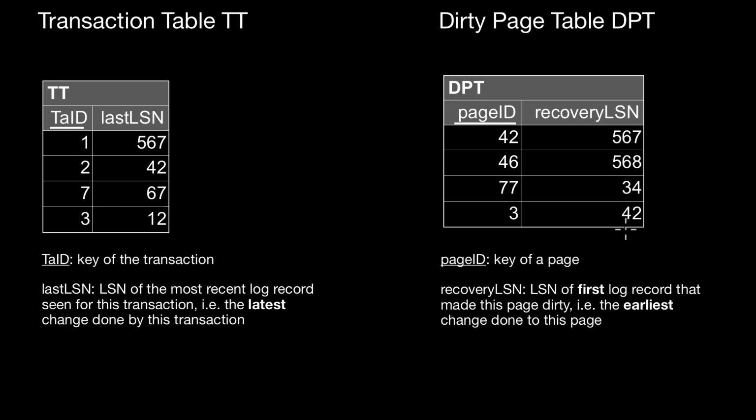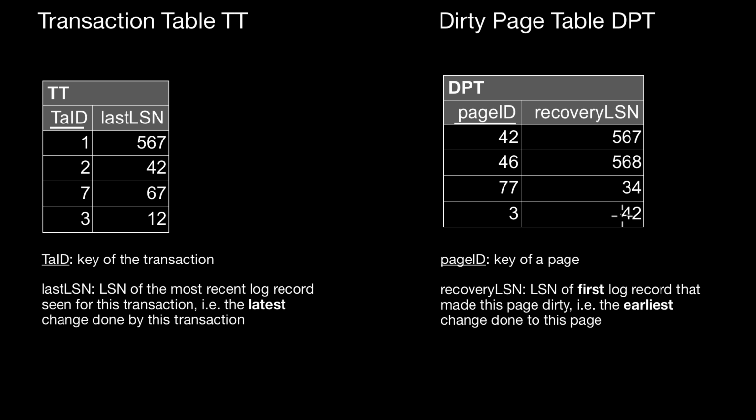The ARIES method does not change those recovery LSNs. Those are other structures that change this entry. ARIES itself is not going to change that. For us, it's just important to understand that whenever we see that there was a change applied to a page for the first time, we must put it into this dirty page table.